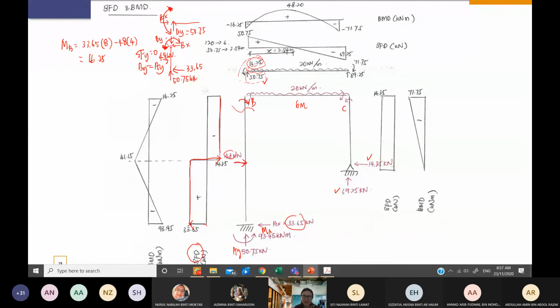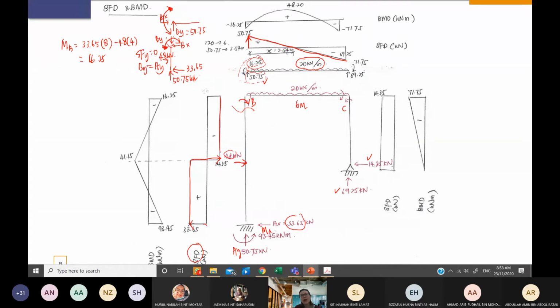So for example, you already get this, 50.75. You can start with drawing it, because the shear at B is 50.75, and then you know that the loading is in terms of UDL 20 kilonewton, so it must be going in a decreasing slope, but a straight line.